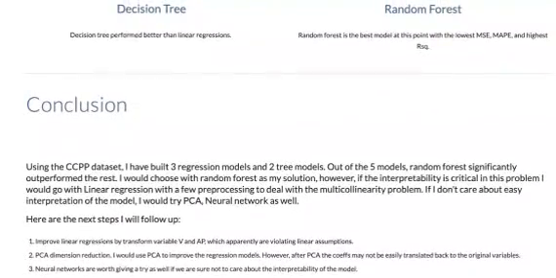So my conclusion is, if we don't care about model interpretability, out of the 5 models, I would choose the random forest, which apparently outperformed the rest of the models.